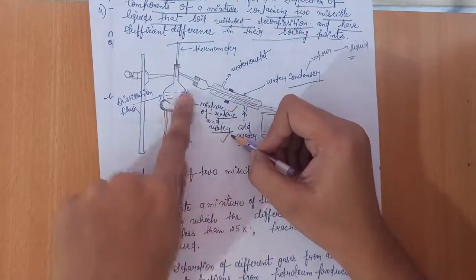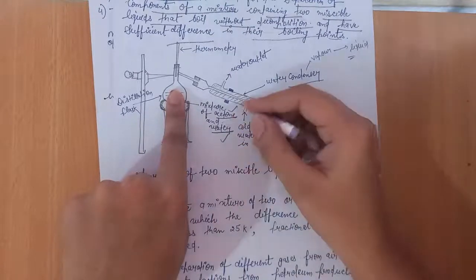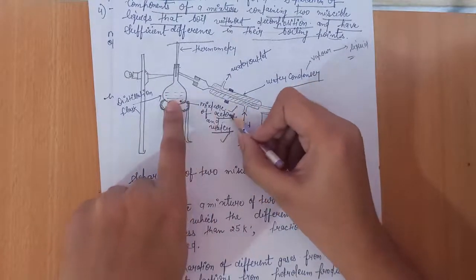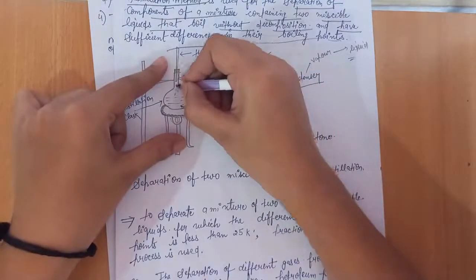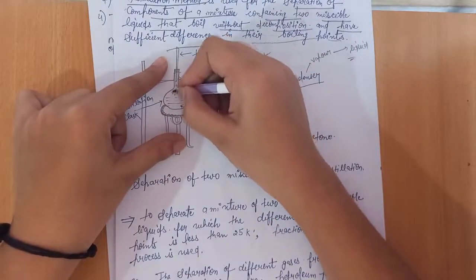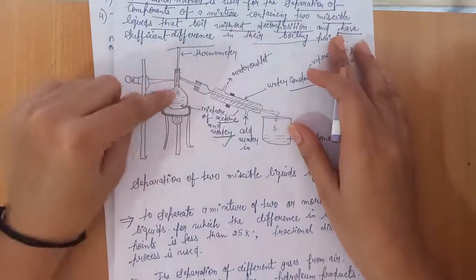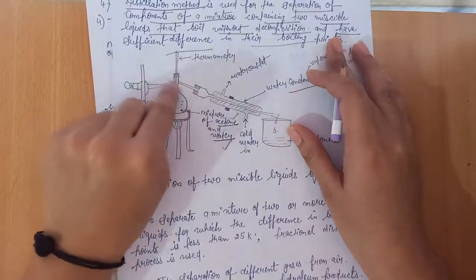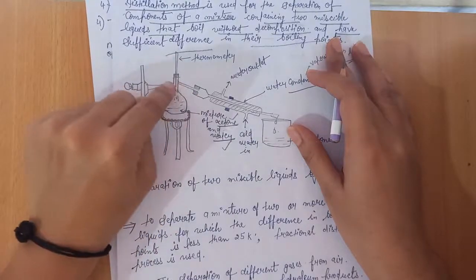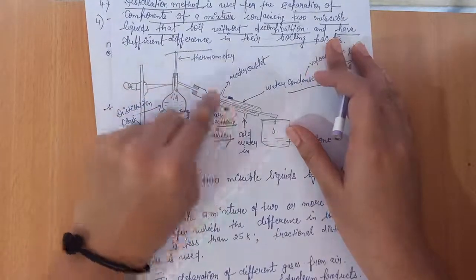So when we give heat to this mixture, acetone's boiling point is lower than water's, so firstly acetone starts to form vapor by attaining its boiling point. As it forms vapor, the vapors pass out through this tube and come into the water condenser.